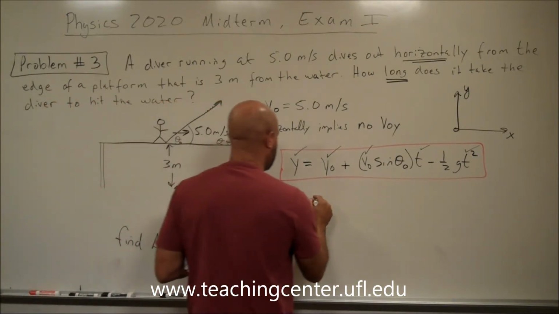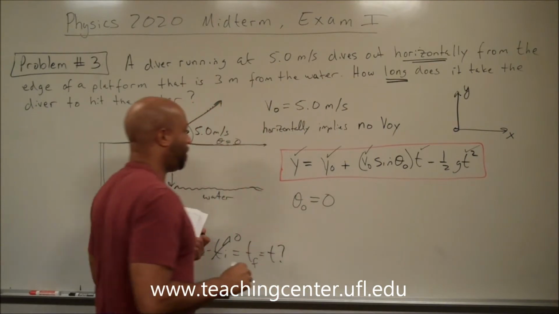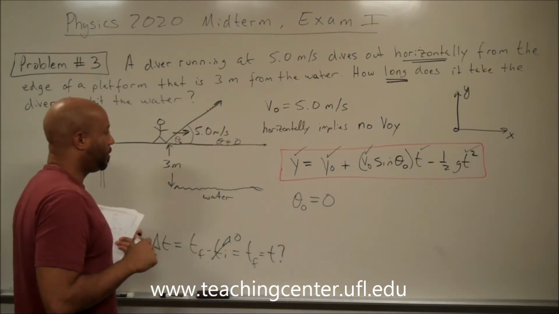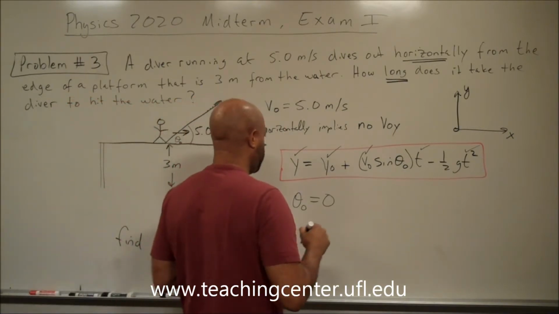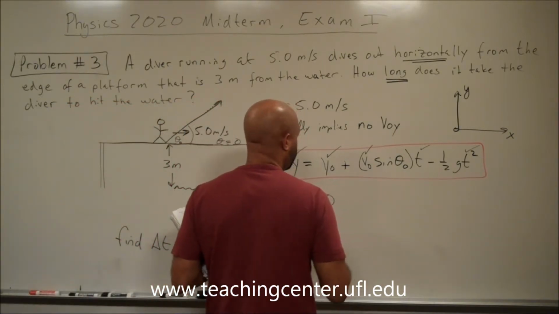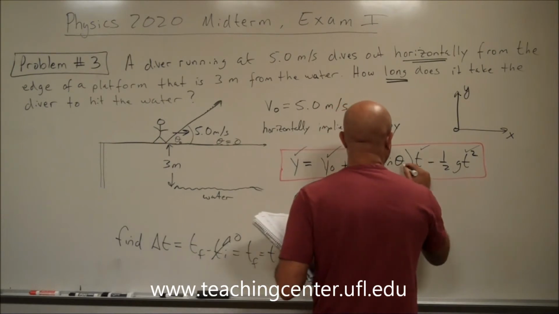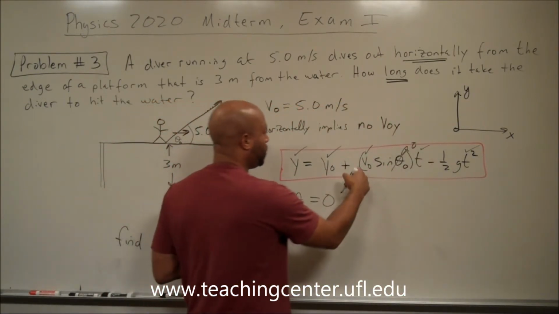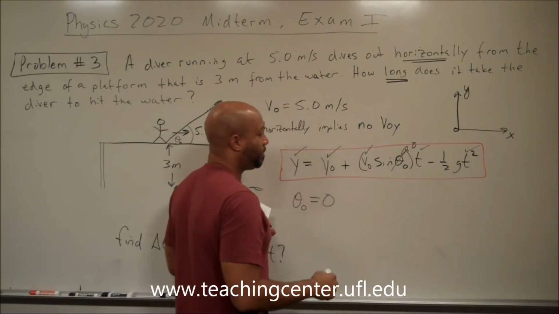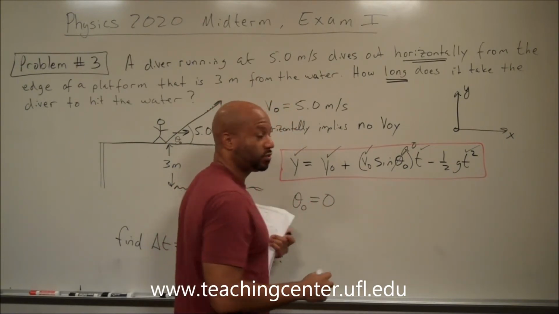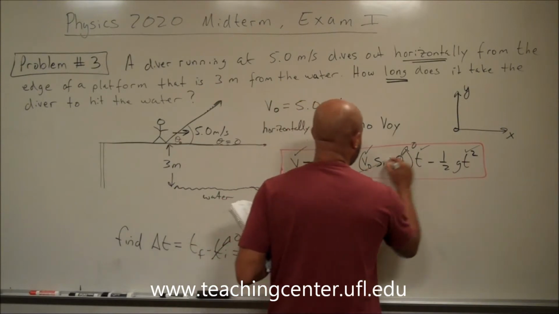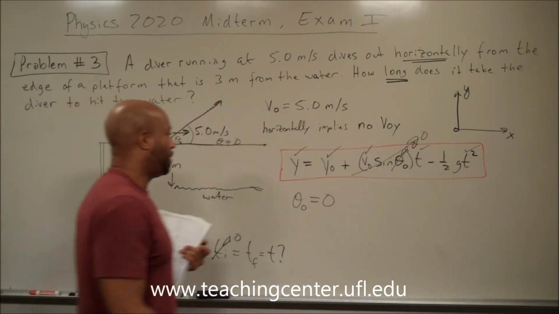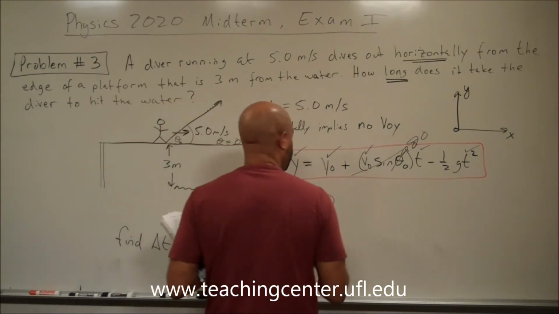If theta is equal to 0, then this whole term, sine of 0, is equal to 0. So this whole term goes to 0.